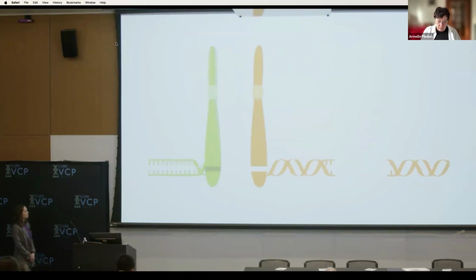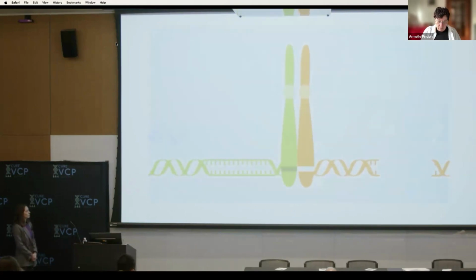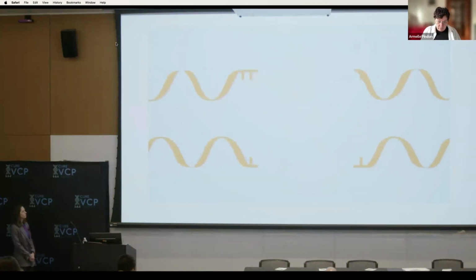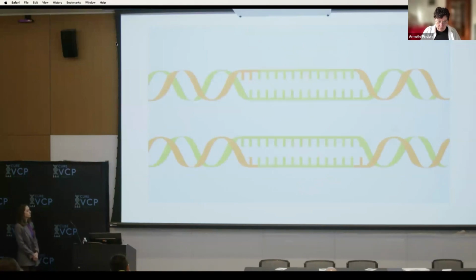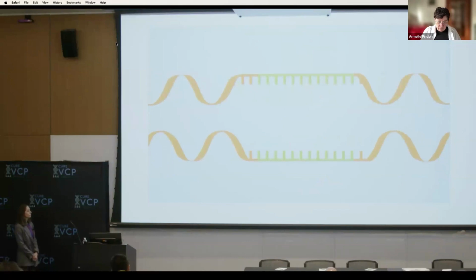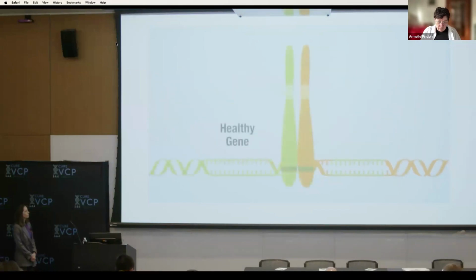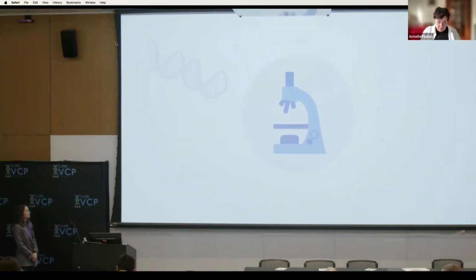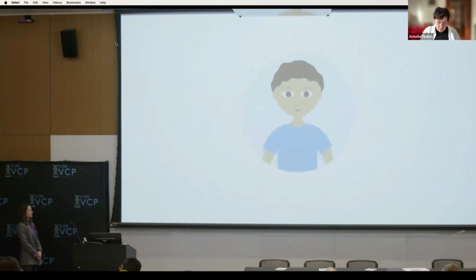After CRISPR cuts out the mutated gene, the chromosomes move closer together and begin to communicate. The cell's natural repair machinery steps in and uses the healthy gene as a template to repair the gene that was cut. The result is that the cell will have the original healthy gene on the chromosome from one parent and a corrected gene on the chromosome from the other parent. So far, this has only been studied in the lab on a handful of diseases, but researchers are excited to keep testing this technology to find out if it could someday help patients.